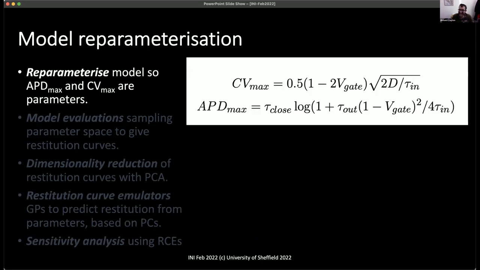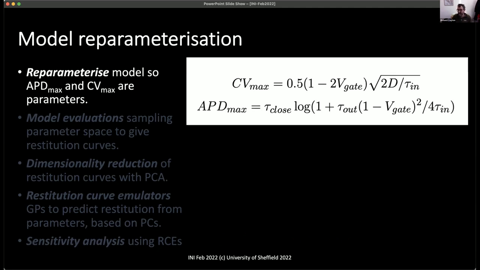I have a slide. There are a couple of equations here which show exactly how we reparameterize this model. What we have is two things that we can observe, CV max and APD max, which were obtained in terms of the other model parameters by some analysis.